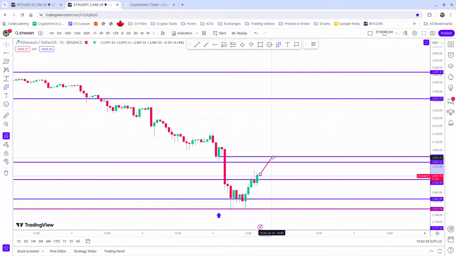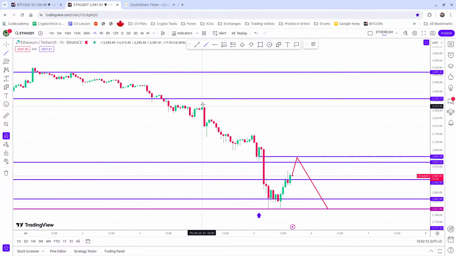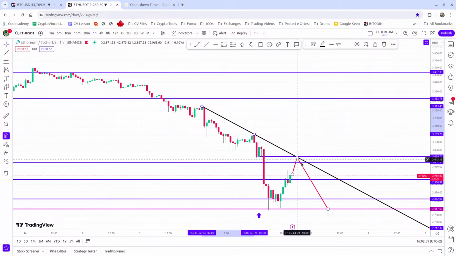If this follows Bitcoin, we might have something like this. If it doesn't break resistance, it will still be a downtrend. If I trace the line here, that will be a perfect level to short.